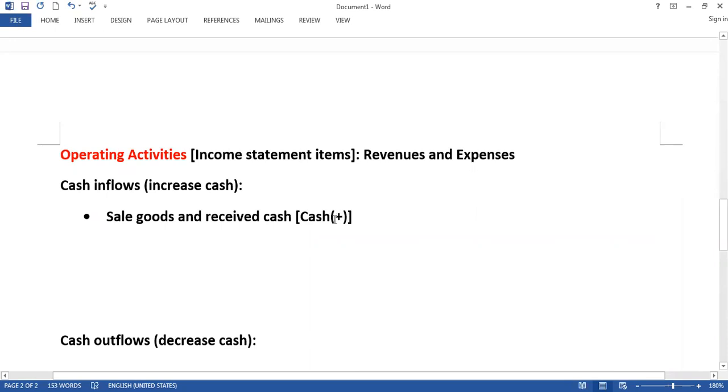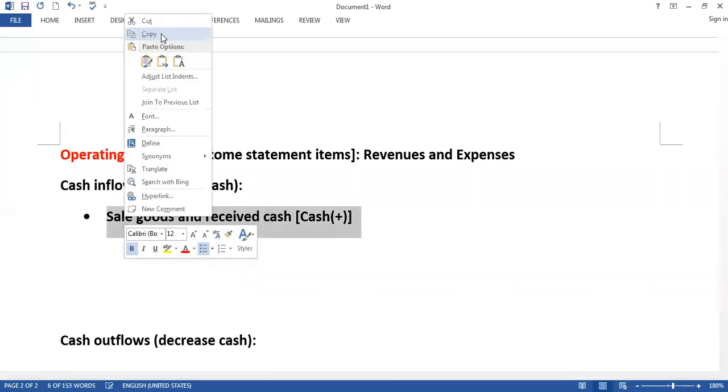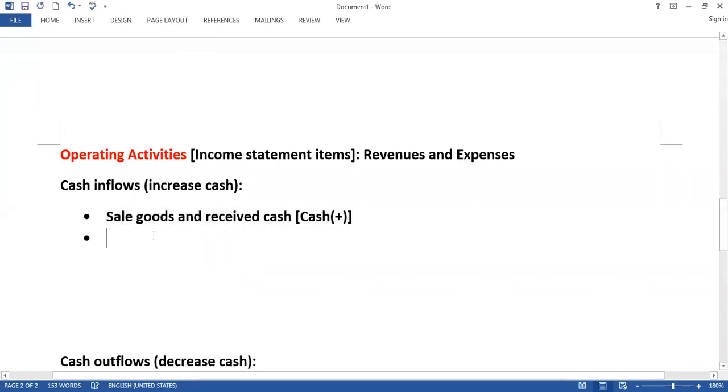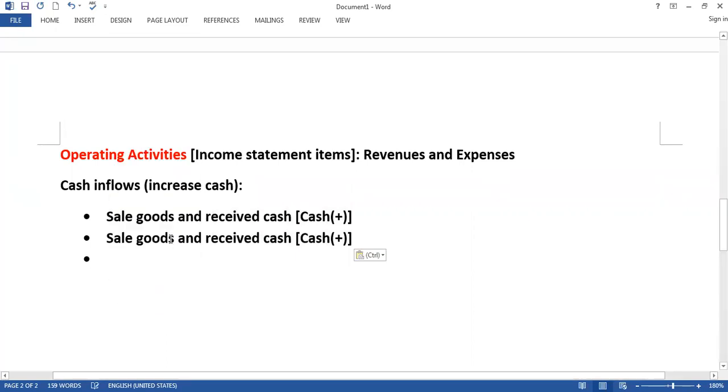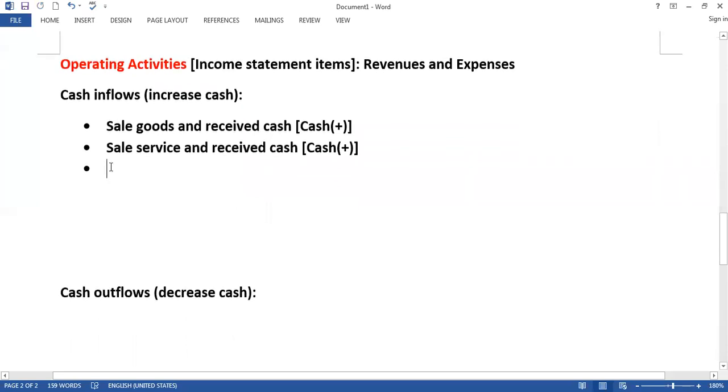So cash plus sign means it is inflows. Look at another example. You sell your service. You can sell goods or you can sell your service and you receive cash inflows. Another example.